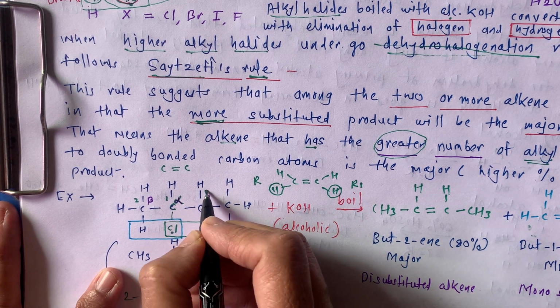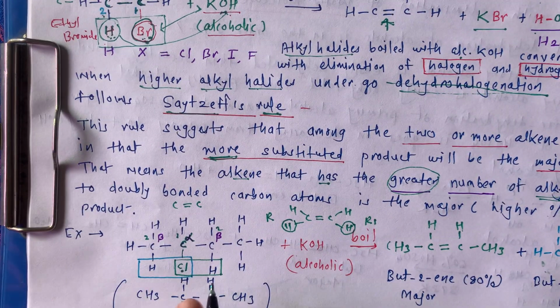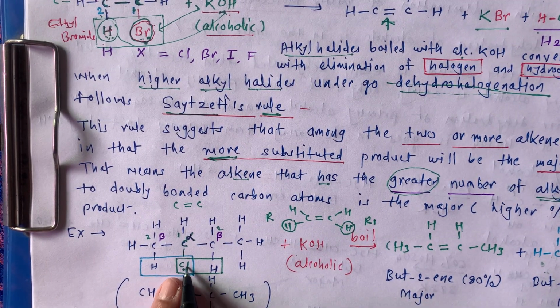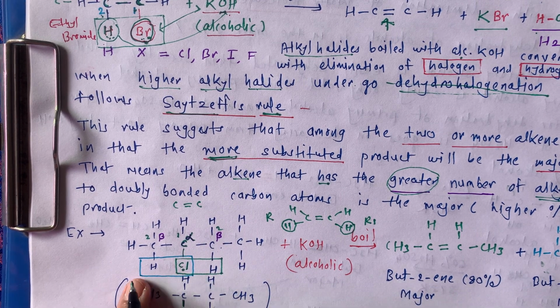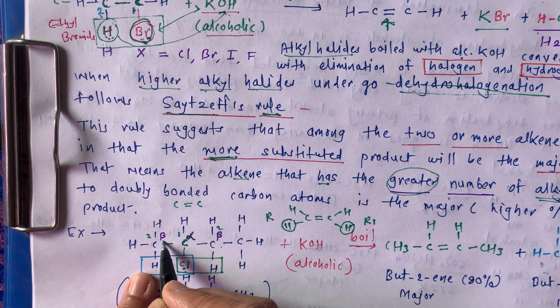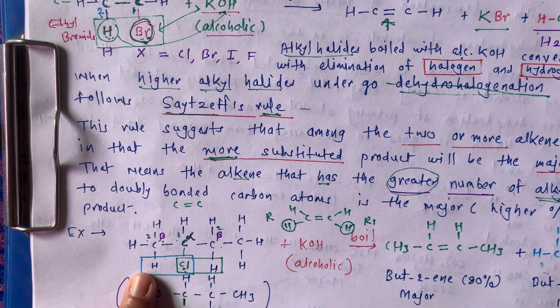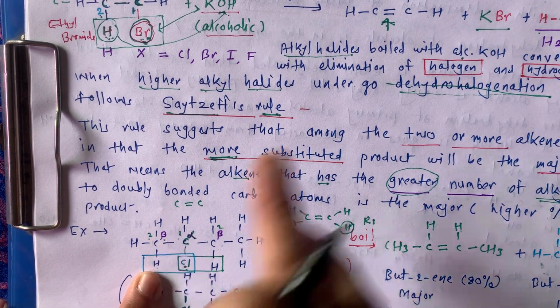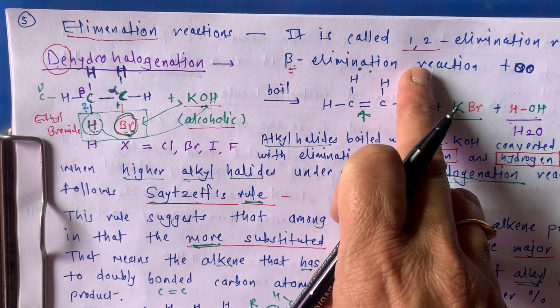Similarly, this will be the second carbon on the other side. So now you can remove this chlorine and hydrogen, and it will be beta elimination or 1,2 elimination. Similarly, you can remove this H and this chlorine, and this is beta elimination as well as 1,2 elimination. So elimination is always 1,2 elimination or beta elimination.